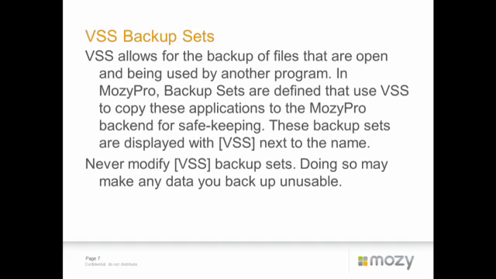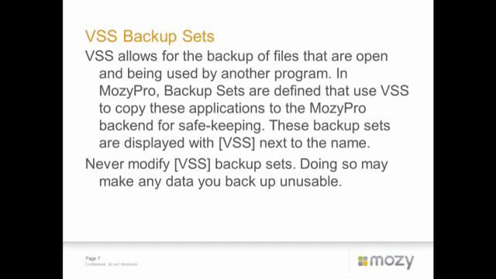So inside of MozyPro, if you look in the Backup Sets section, you'll see that there are several backup sets defined for using VSS. And in brackets, as you see in the middle of the slide, it says VSS right next to it, telling you, again, that it's using the Volume Shadow Copy Service in order to provide that function.